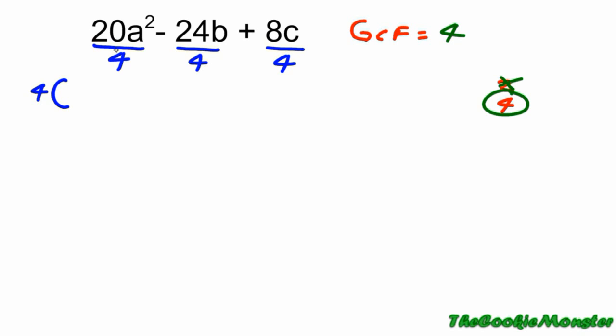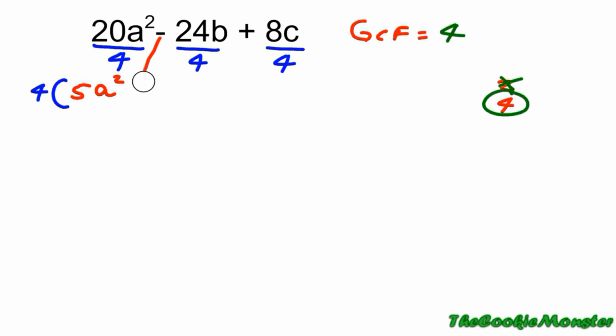So you have 20 divided by 4, that will give you 5. And because a is not part of your GCF, the a squared will just be a squared at the end of it. Negative 24 divided by 4. Please do not put that minus sign automatically here. It doesn't work that way.